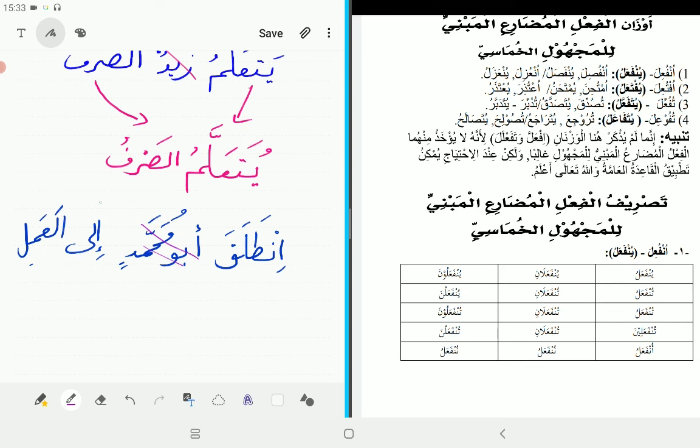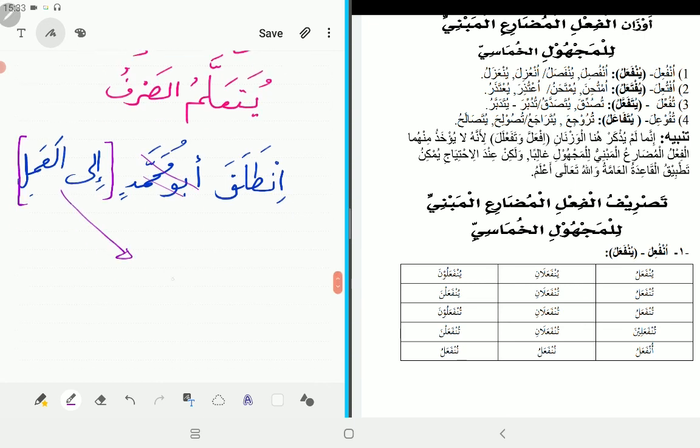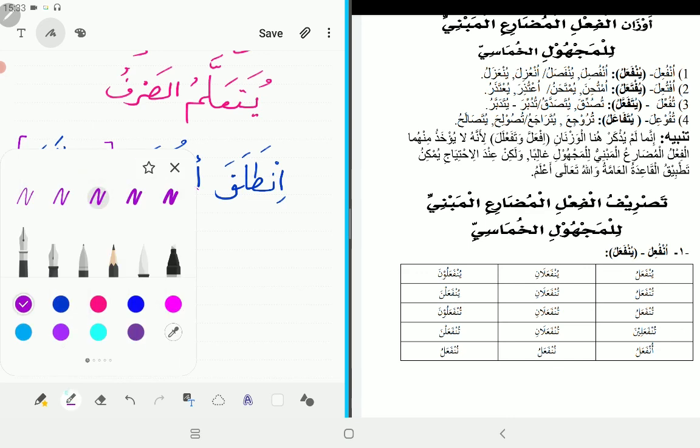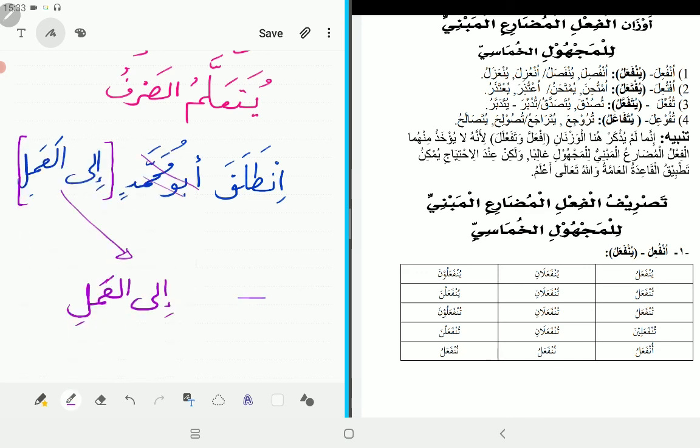If I can't find a maf'ul, then the jar wal majroor wal dharf will substitute the maf'ul. So I'm going to take this ila al-amal and bring it down. So I will say al-amal. Now what remains? Your conversion of intalaqa in the present tense. So you will say ينطلق.